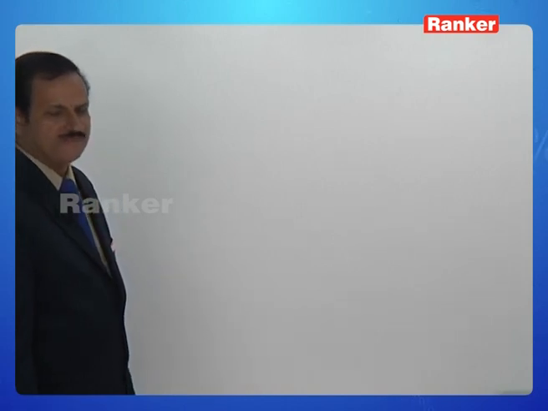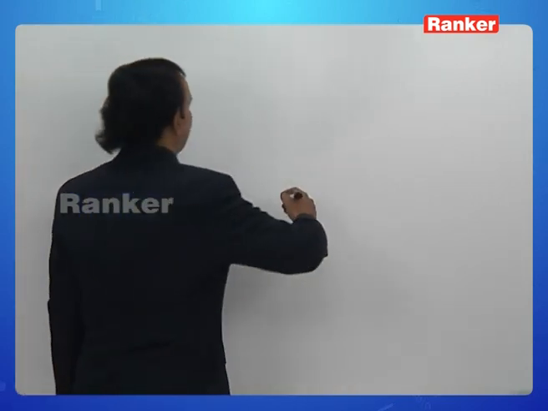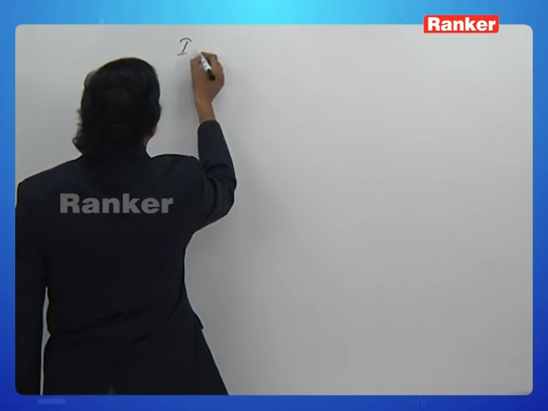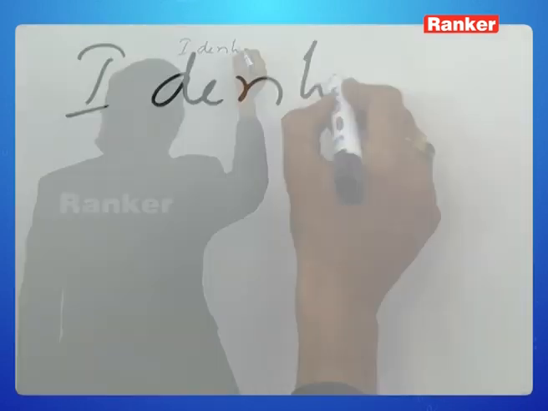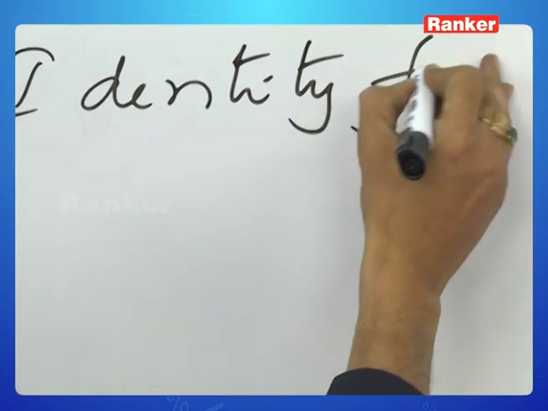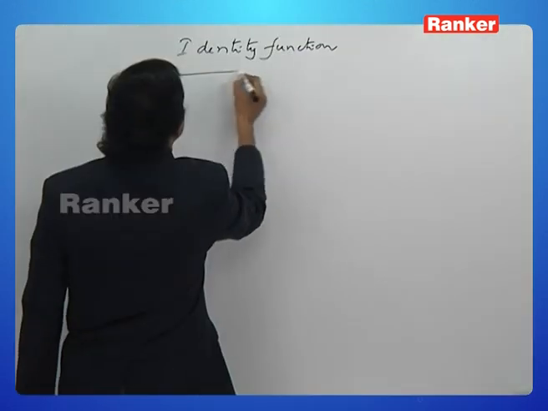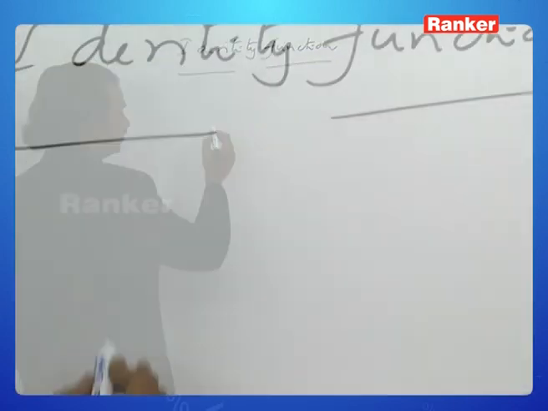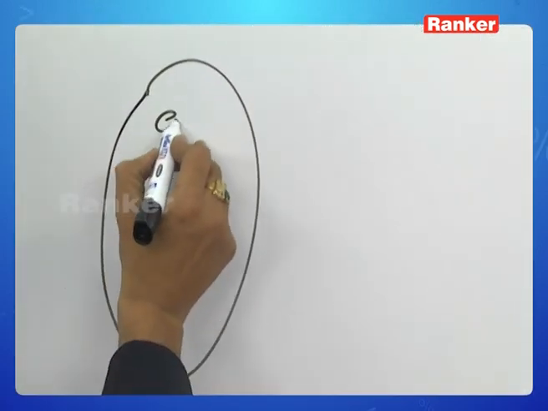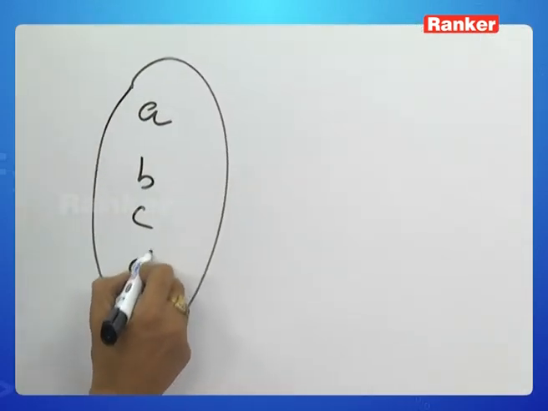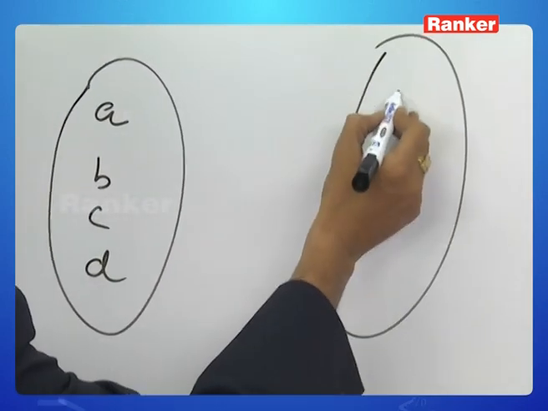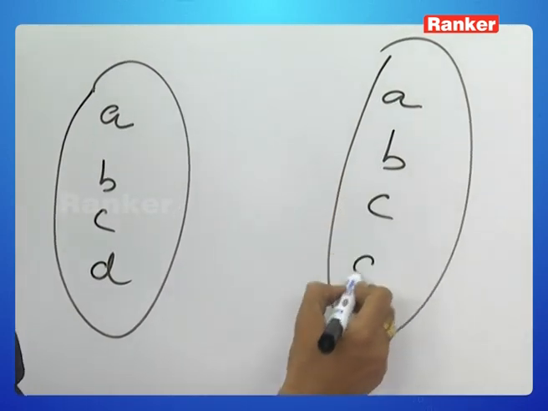Well, let us discuss some types of functions. Out of them, the very first function to be noted is the identity function. What is an identity function? Suppose a set A is there. It wants to identify itself in view of this function.